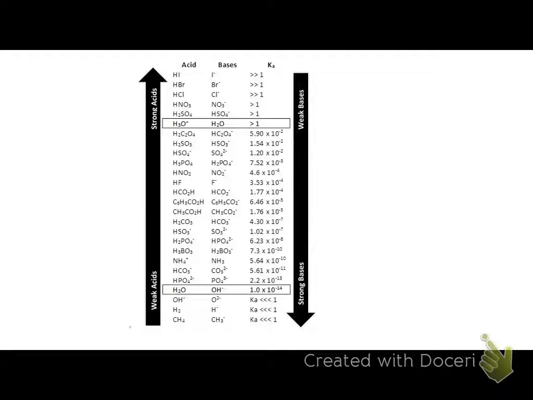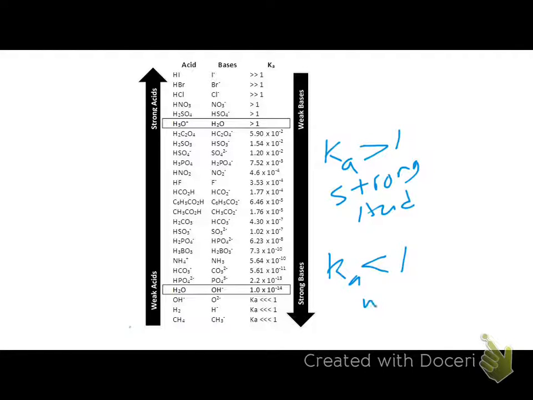So all weak acids have Ka values less than 1. Maybe we should actually write that down: Ka values that are greater than 1 are strong acids, and Ka values that are less than 1 are weak acids. You can think of the same thing with bases.